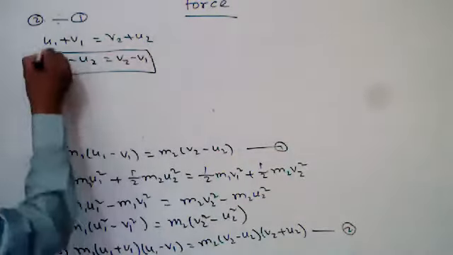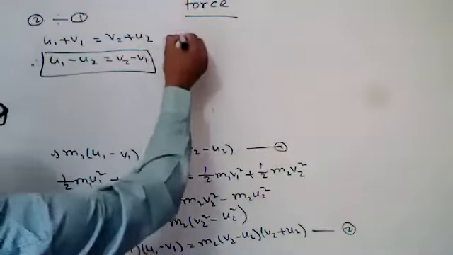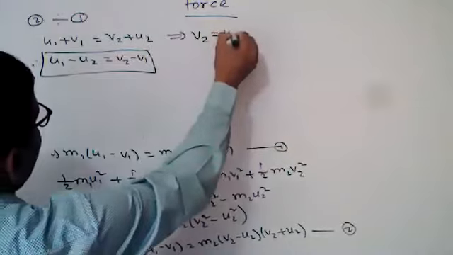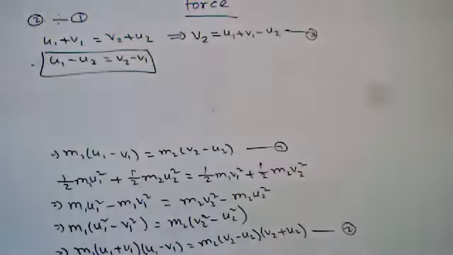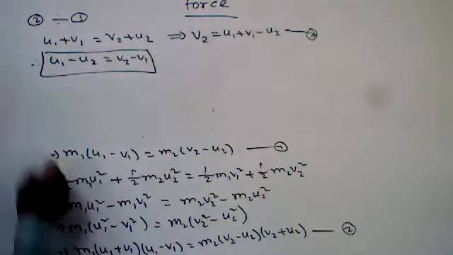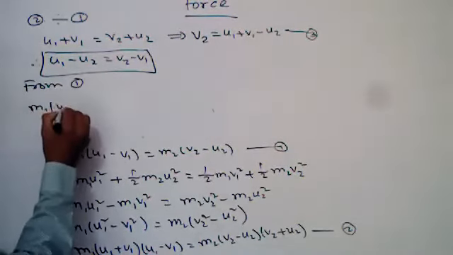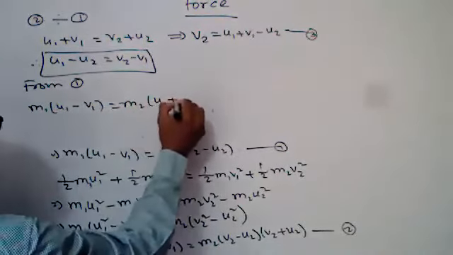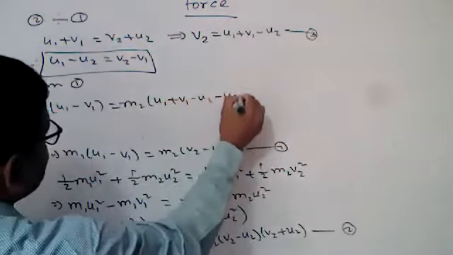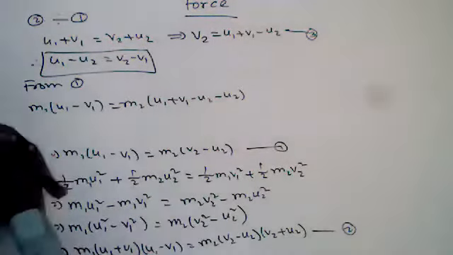You have to remember this. Now from this we can also determine v2 equals u1 plus v1 minus u2. This is equation number 3. Now putting the value of v2 in equation number 1, from 1, m1 (u1 minus v1) equals m2 (u1 plus v1 minus u2).